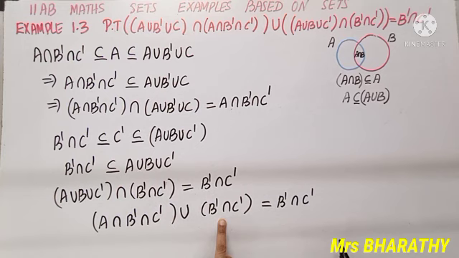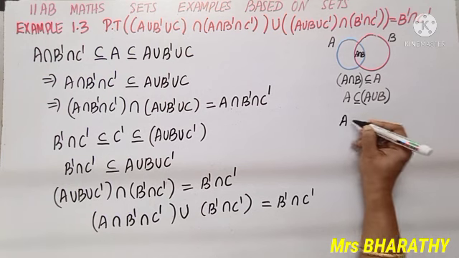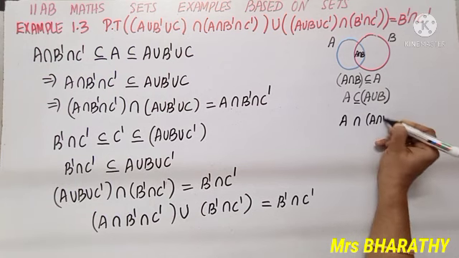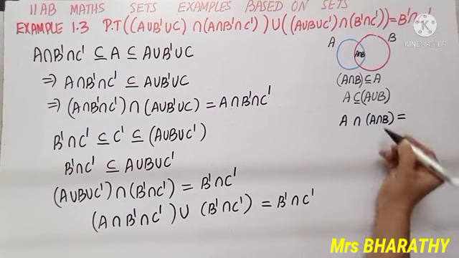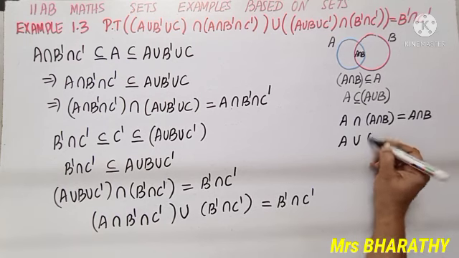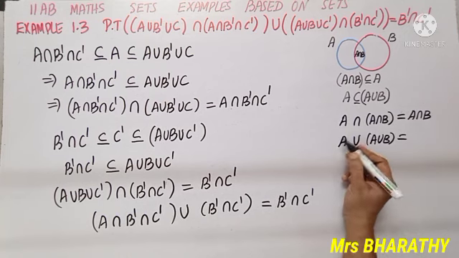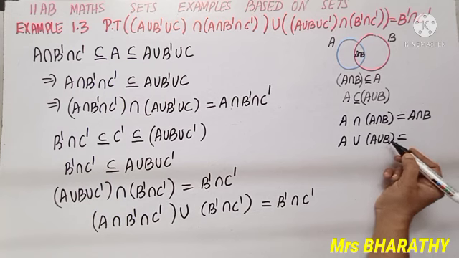So remember, whenever I want union, out of the two, choose the bigger set, because one is contained in the other. So A intersection B, which is smaller? A intersection B. But A union B, here A is smaller, A union B is bigger.